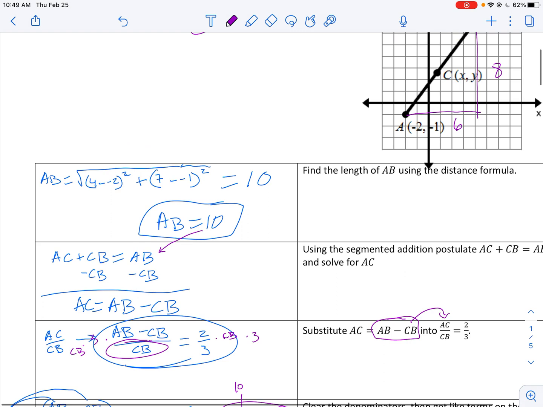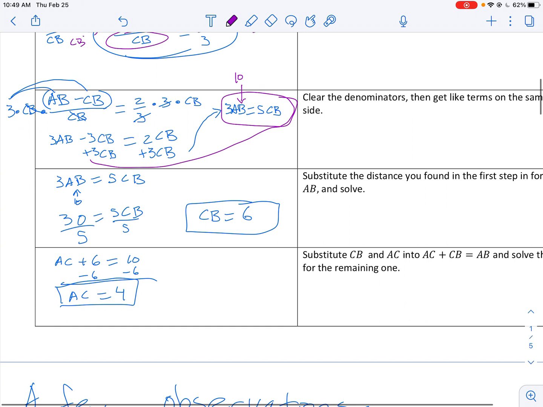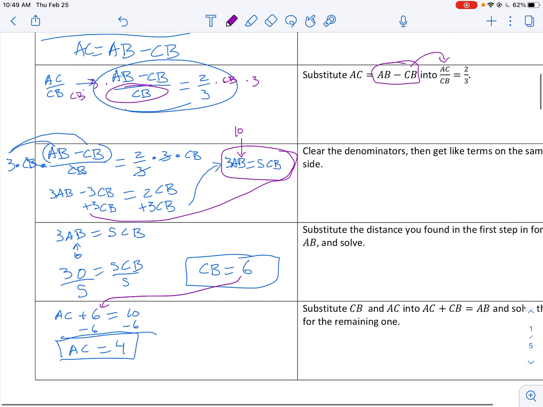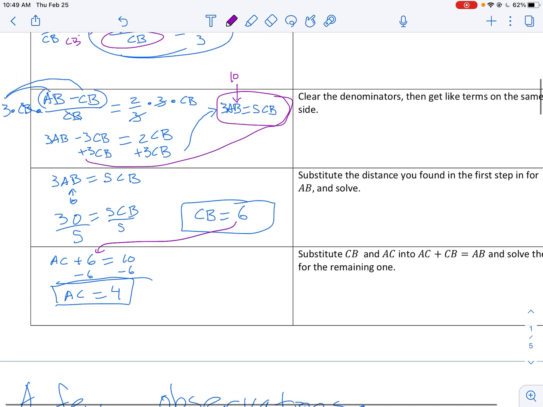And so I now have that C to B here is 6. Well, if the whole thing's 10 and one part's 6, the other part's 4, and that's what this last thing's saying. We already know the distance from C to B, it's 6. Just plug that into our equation we had way up here, the postulate. And you solve, you get 4.